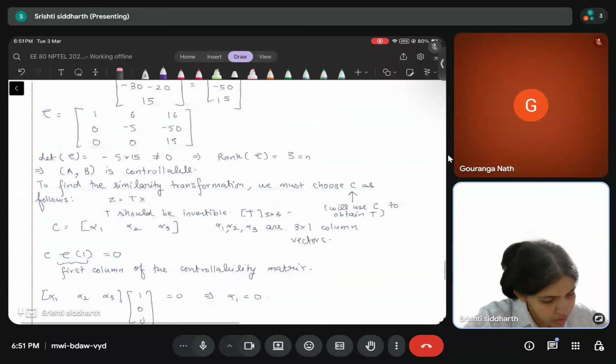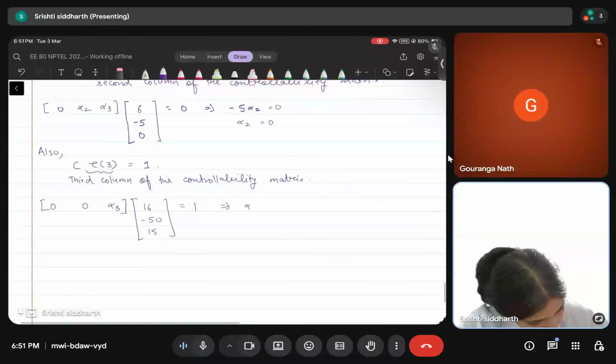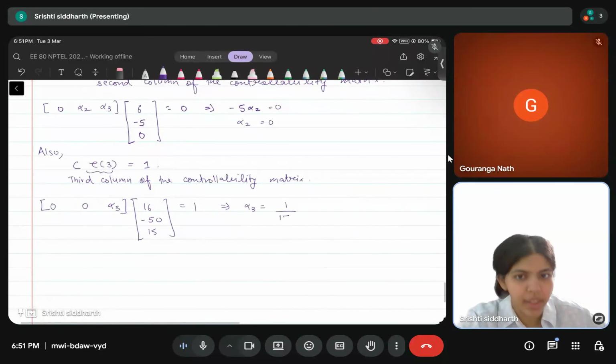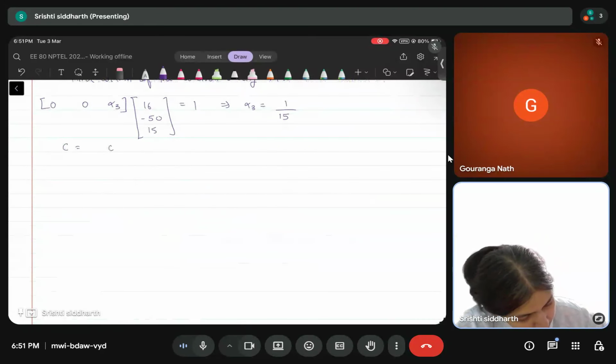It's 16 minus 50 and 50, which implies that alpha 3 is 1 over 50. Yes, so C is 0, 0, 1 over 50.